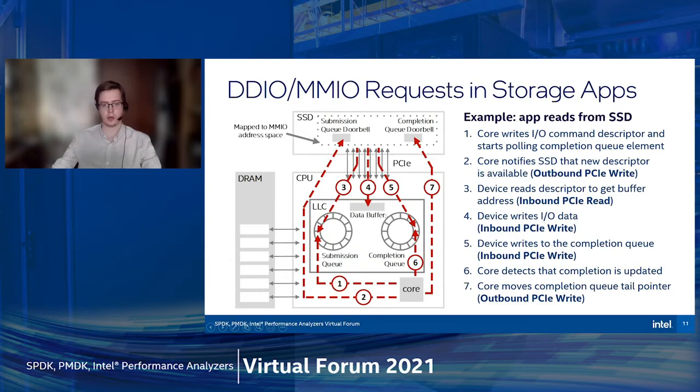We have a data buffer where we expect the data to arrive. We have a core that sends the IO operations to this SSD, and on the SSD side we have submission and completion queue doorbells. These doorbells are mapped into the MMIO space, so they are accessible by the core.